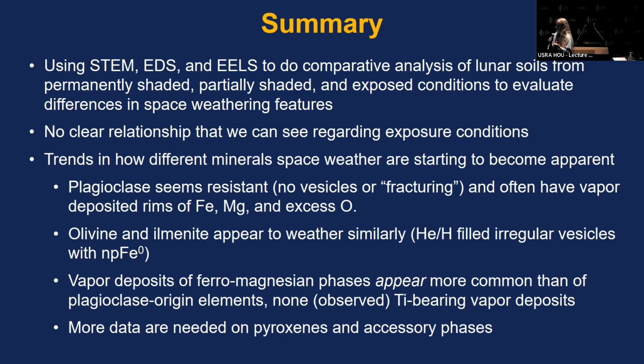In general, we need more data on pyroxenes and accessory phases, but that's what I can say for plagioclase, olivine, and ilmenite, which are what I frequently encounter in my analysis. So that's all I have. Thank you.